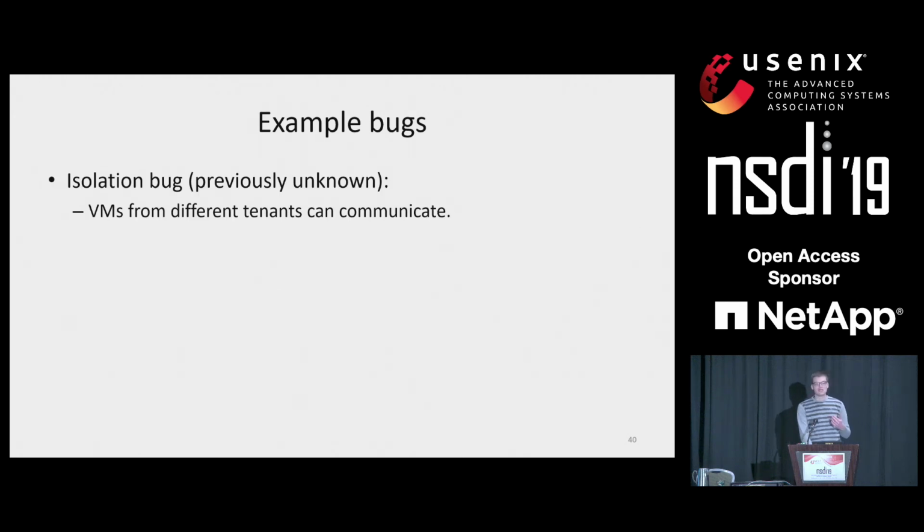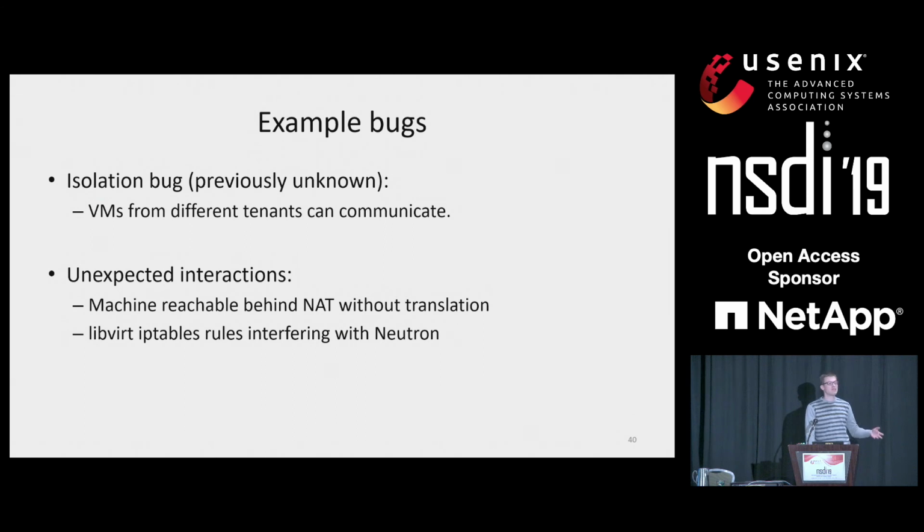One of them is an isolation bug, the one that I told you we reported on Neutron's bug tracker, whereby this essentially violates the assumption that tenant VMs are separated. We found some unexpected interactions between different pieces of technology, and we've also found some administrator poorly configuring his topology. In this case, we found it while deploying OpenStack to our testbeds.